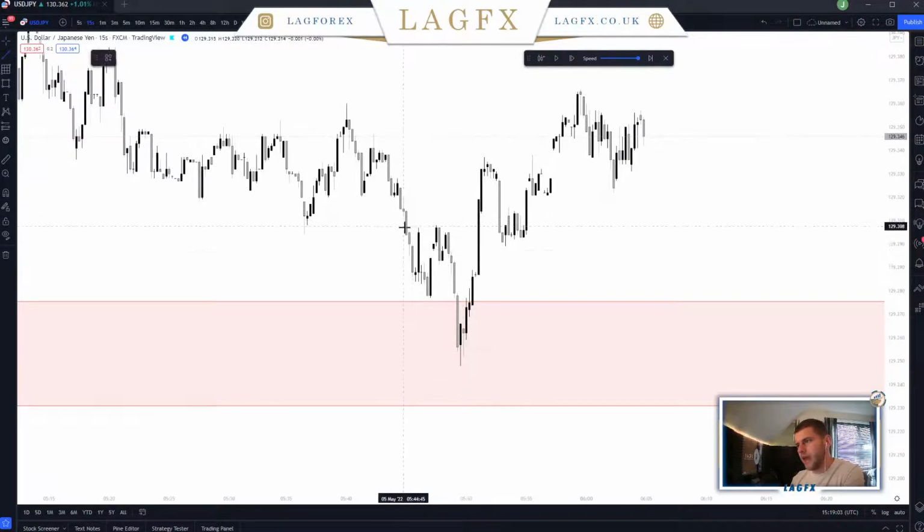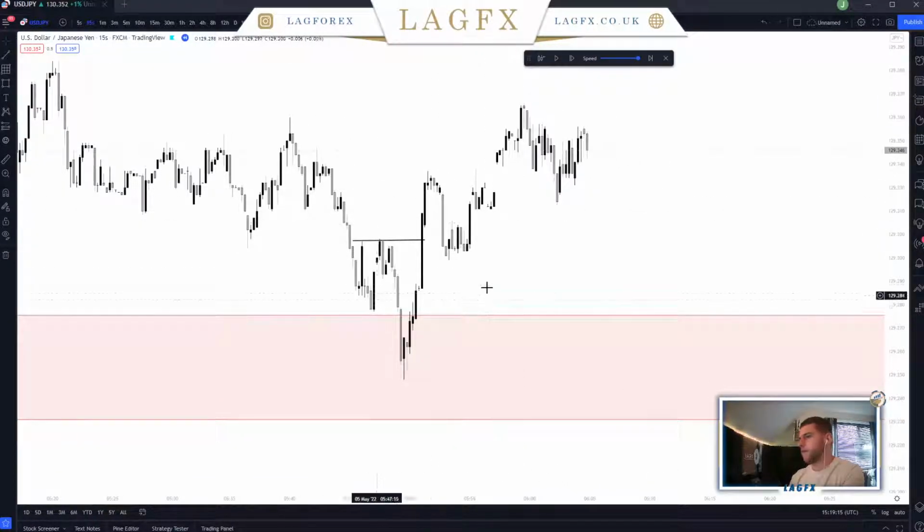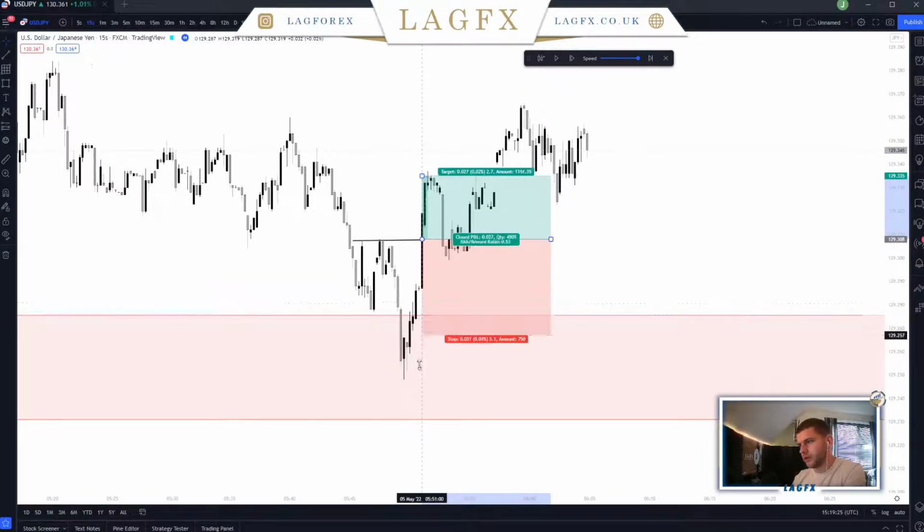Now we could either A, get involved as soon as we see the displacement, or B, I probably would have looked for a mitigation of somewhere in this region, which we didn't get delivered. So if we were waiting for the mitigation, we probably wouldn't have been able to find the entry. However, we have had that displacement, so we could have, for example, got involved as soon as we saw displacement.